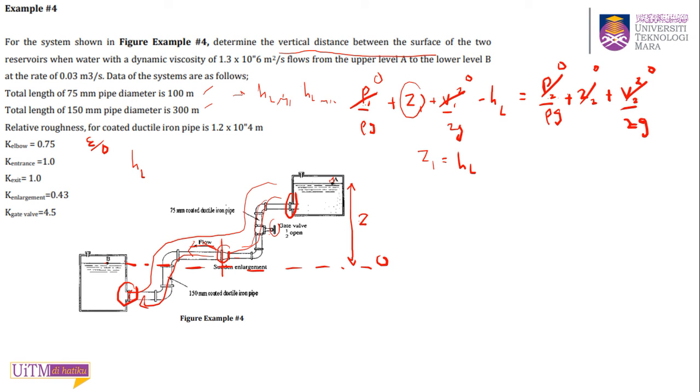You will not remember them until you do the questions. There are a lot of equations for the Reynolds number, the friction losses, the major and minor losses, and the long energy equation. You will not get used to them until you do the questions. That's why I suggest you do that.